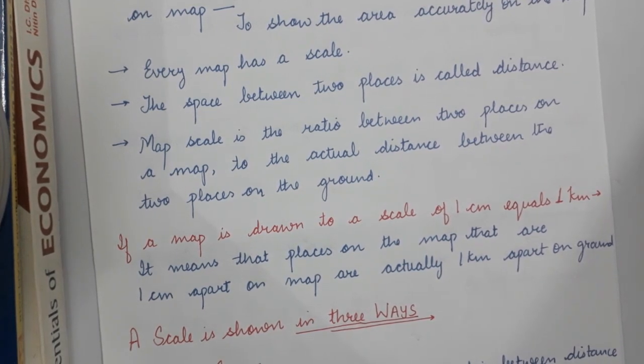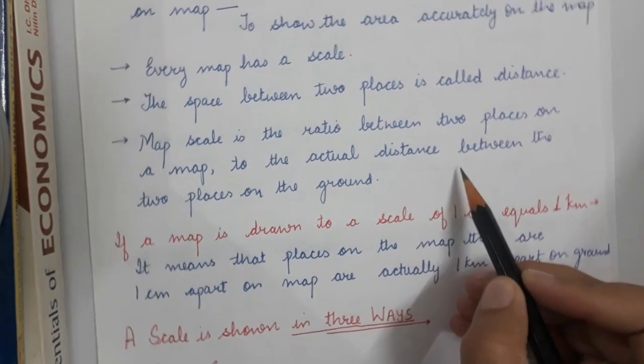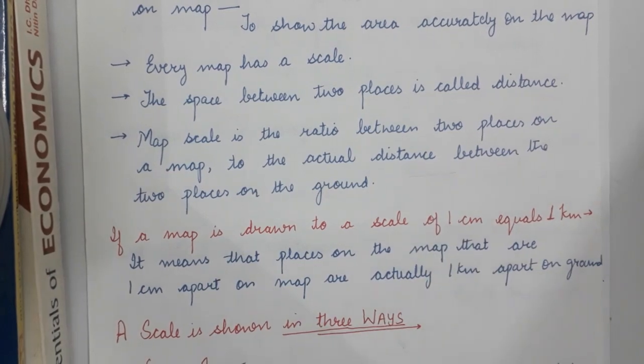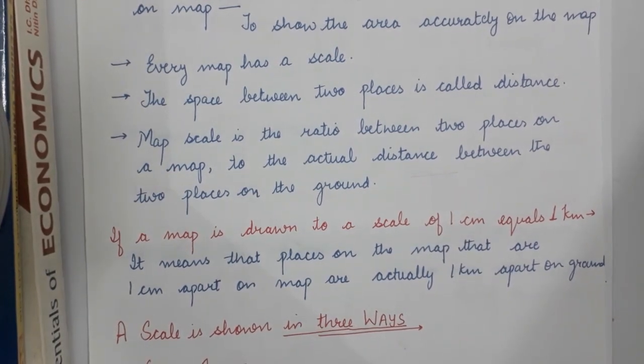The map scale is the ratio between the distance between two places on the map to the actual distance. We put the distance on the map in the numerator, and in the denominator we take the actual distance between the two places on the ground.